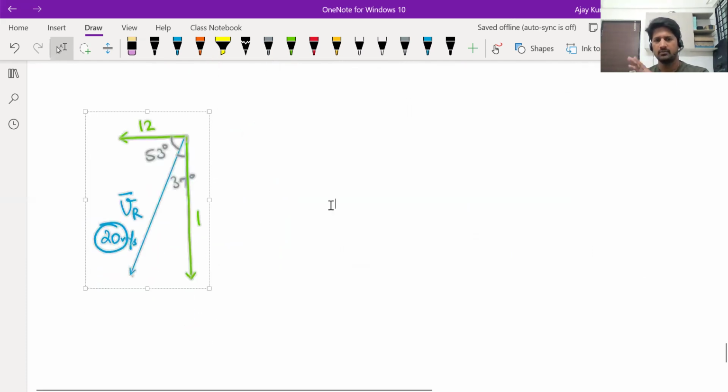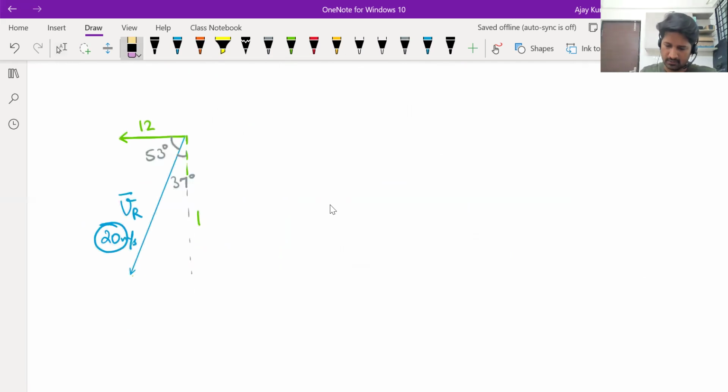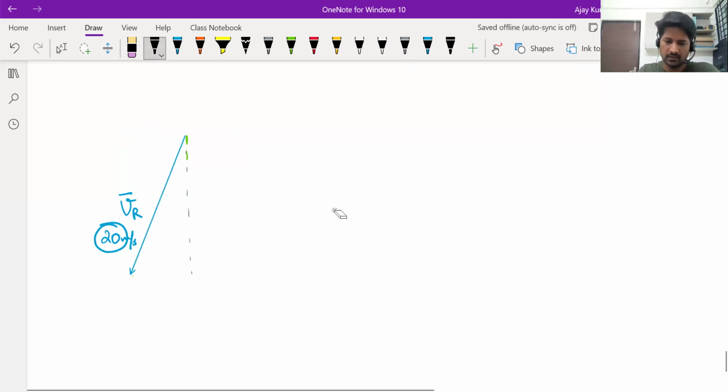Okay, listen, all of you. We'll visualize first and then solve. So this is the actual velocity of raindrops. We know the angle and all, let it be. Now we want to find out the person's velocity such that the raindrops appear to fall vertically. Now let's take the first case.